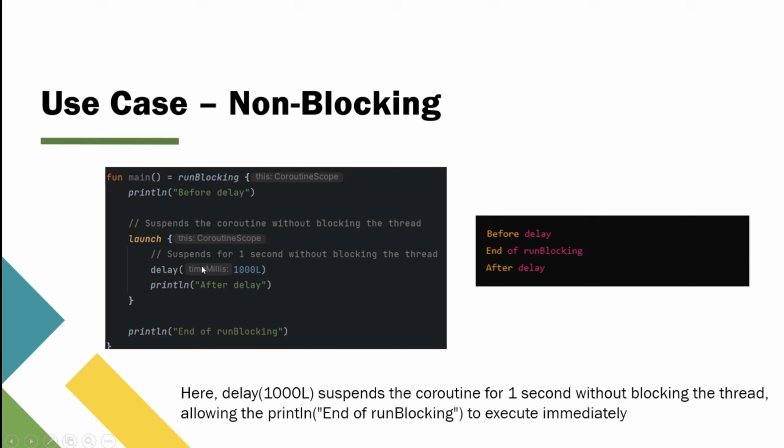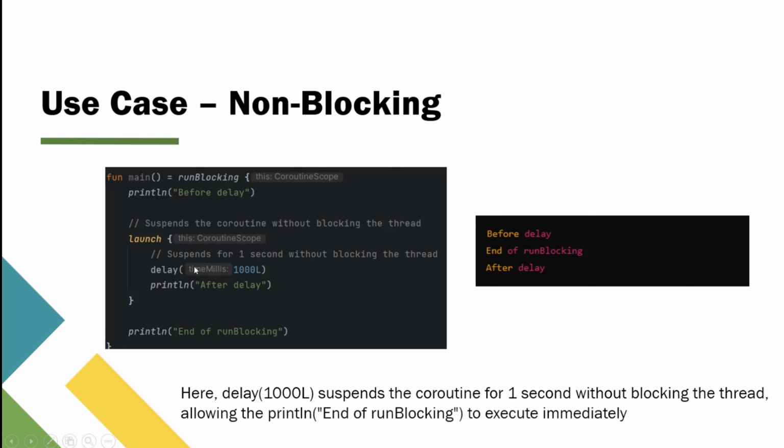If you can understand this, it did not block the execution of this line. Rather, it printed this line first and then immediately printed this, and after that it printed this one. So internally it launched this coroutine to execute this function, but it asked the other thread to perform that particular operation.